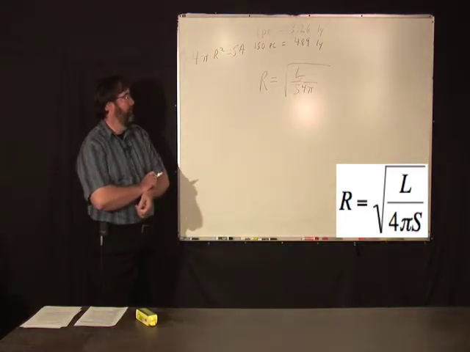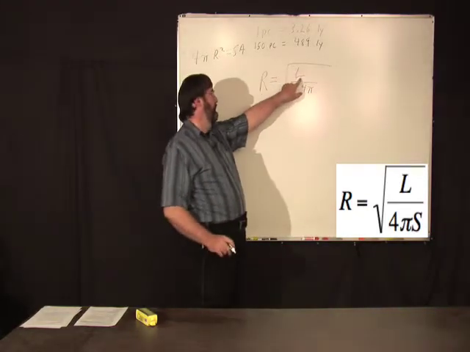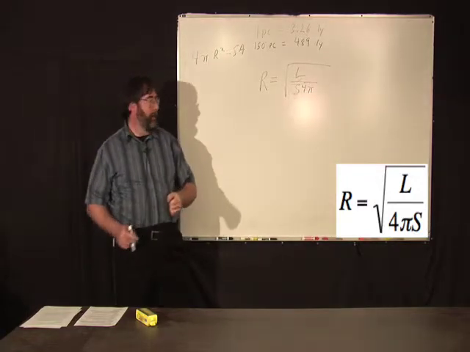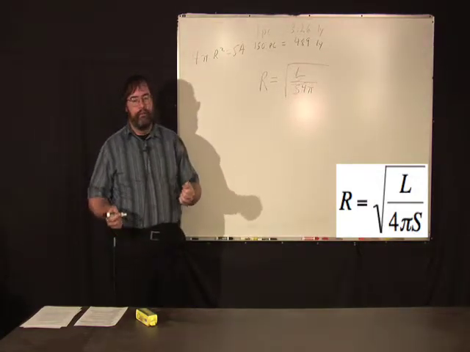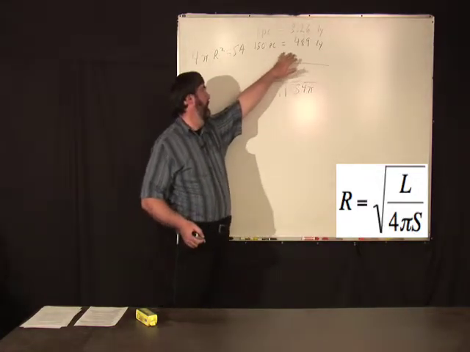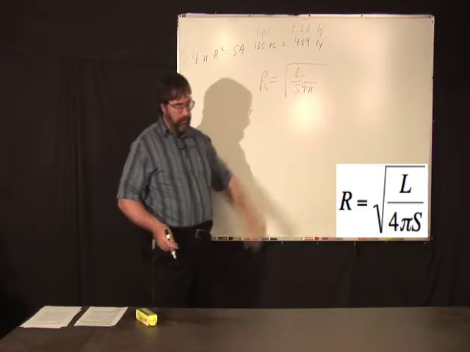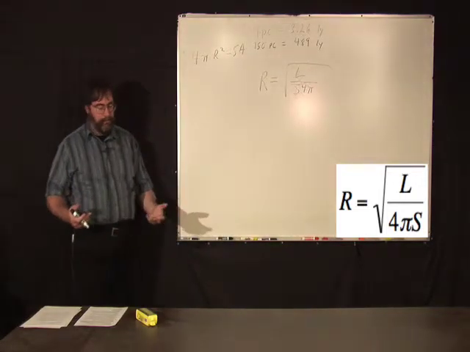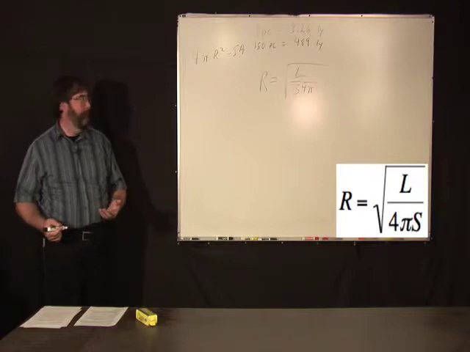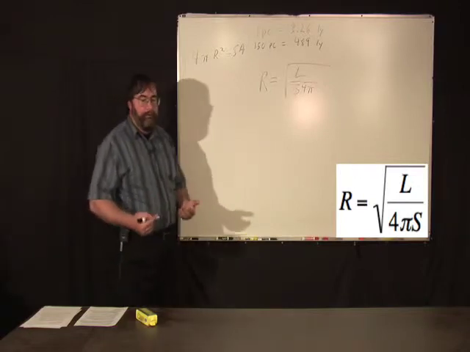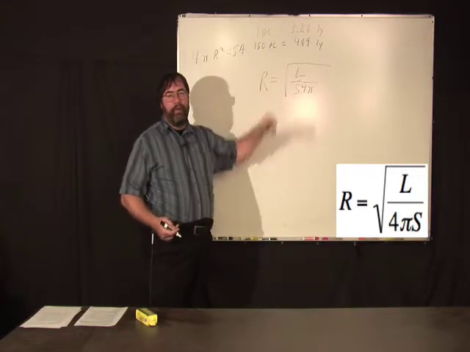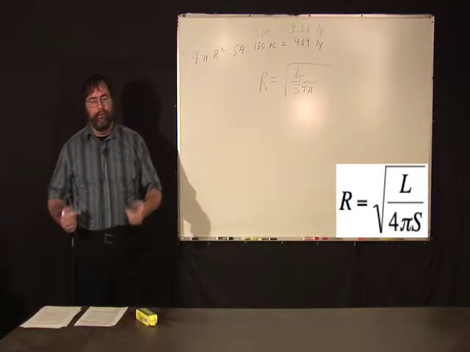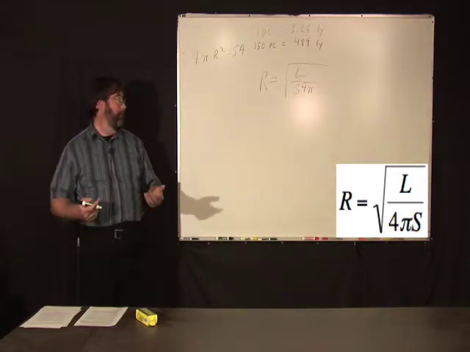Well, it turns out there's a class of star, and there are several of these stars within our limit of parallax measurements, called Cepheid variables. They're a variable star whose luminosity can be related to the period of the oscillation of the star.